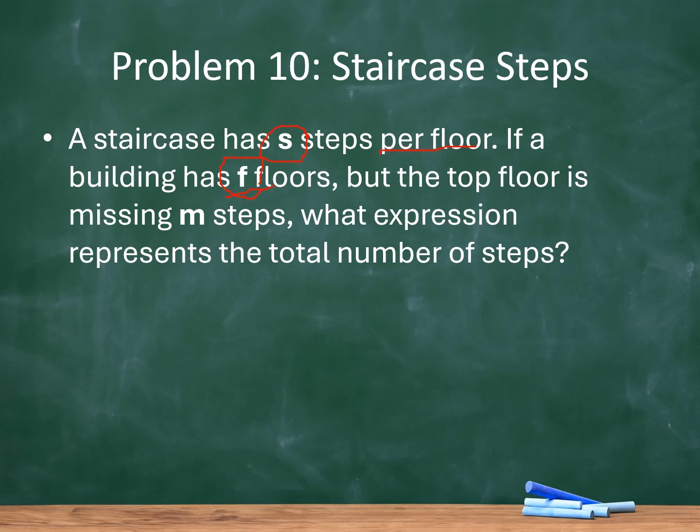So let's continue. But it says here, but the top floor is missing M steps. So take note of the word missing. This gives us an idea that we will have to use subtraction later in our expression.